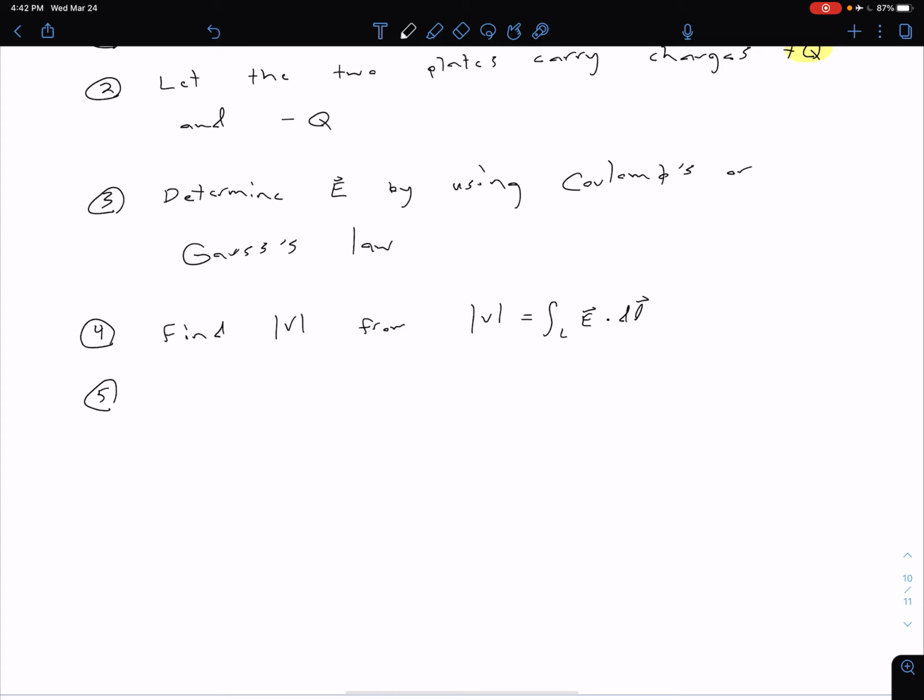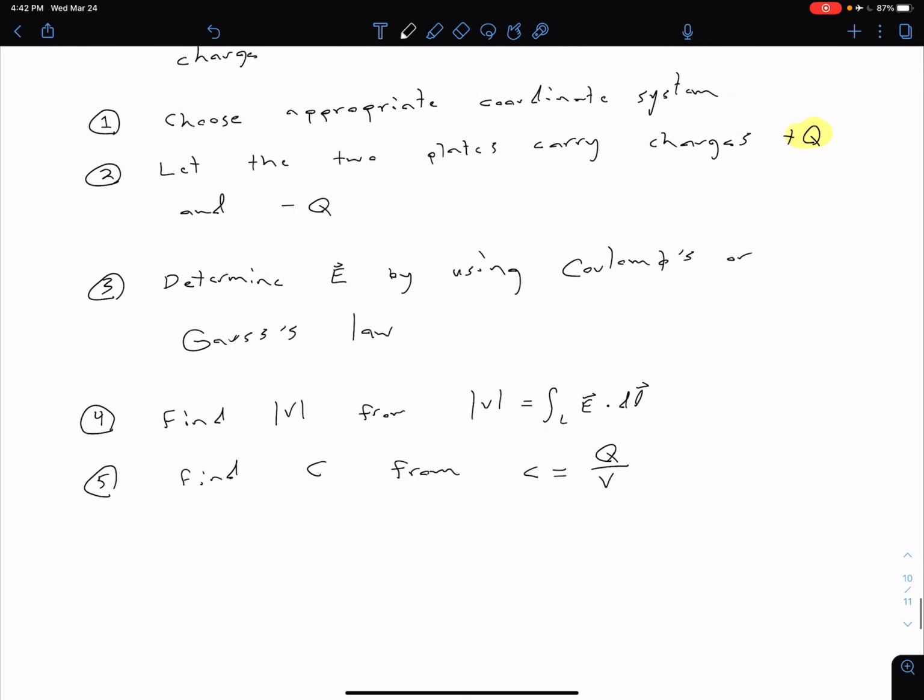So in step 5, we find our capacitance C from C equals Q divided by V, where again, the Q is what we assumed on the plates, and our V is what we found by applying Gauss's or Coulomb's law, and then ultimately using that line integral definition of our voltage.